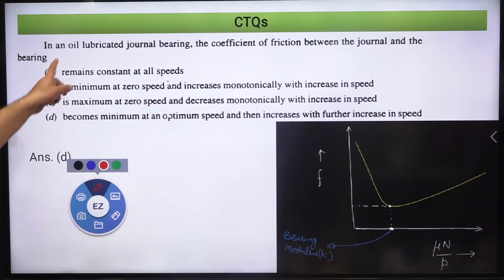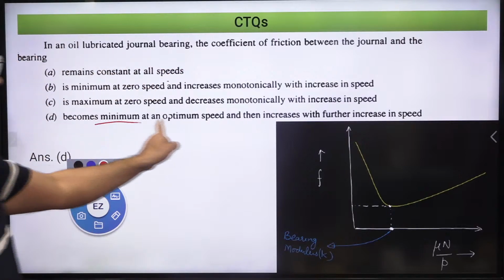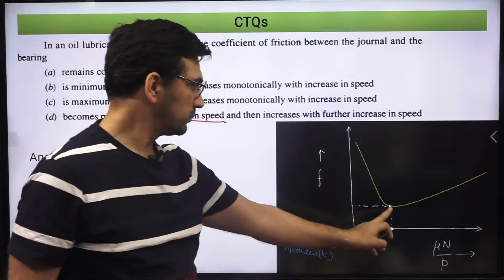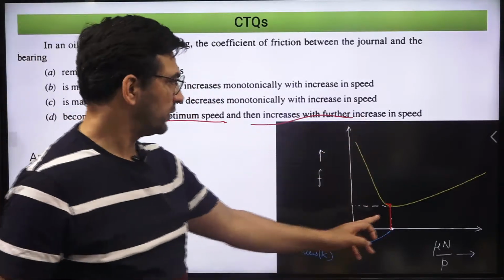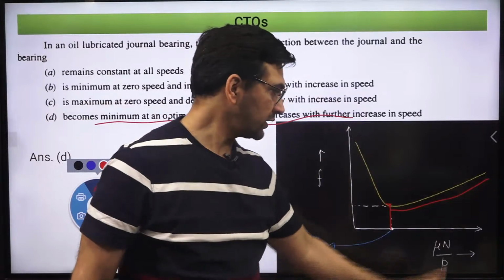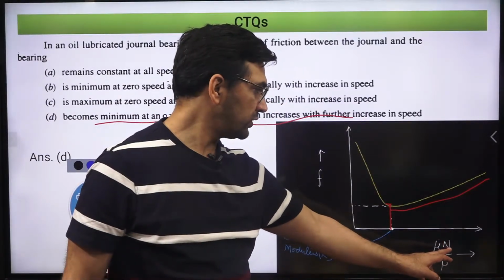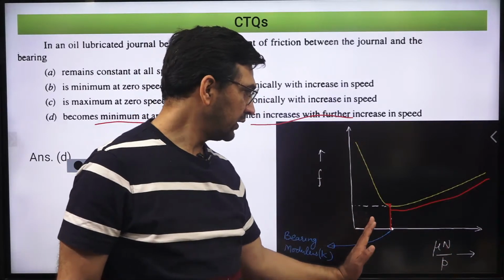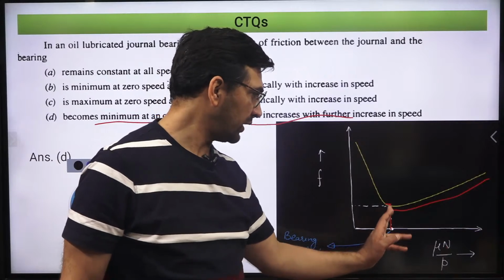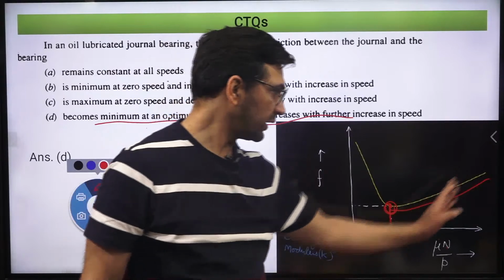So in this case, coefficient of friction between the journal and bearing becomes minimum at the optimum speed, and then increases further with increase in speed. So let's say even if we keep the other parameters constant, we see the variation if we increase the N. As we go on increasing the N, there's going to be a point where you have the least value of coefficient of friction, and after that it goes on increasing.